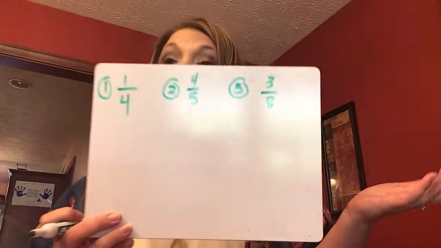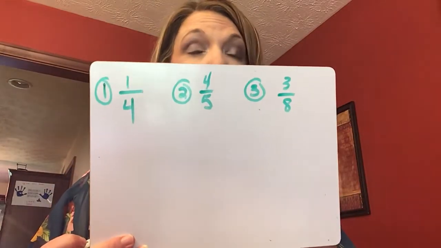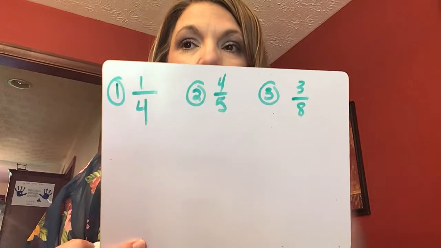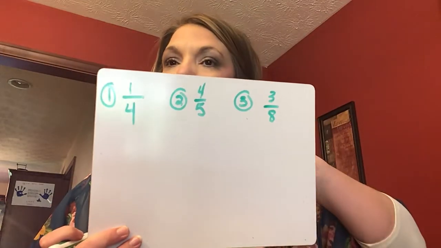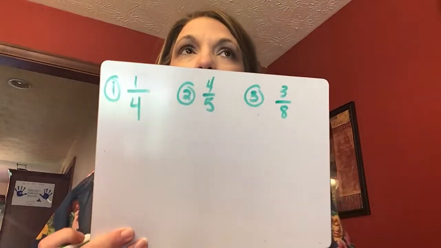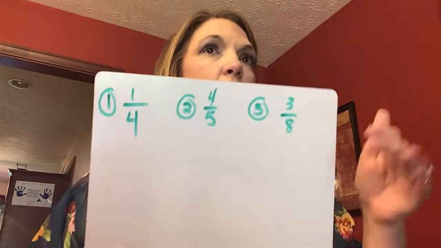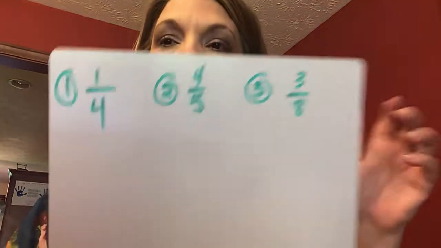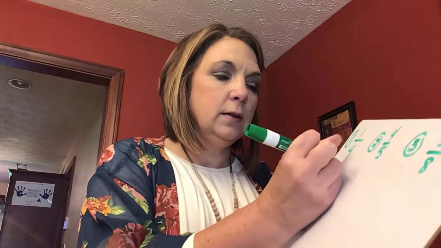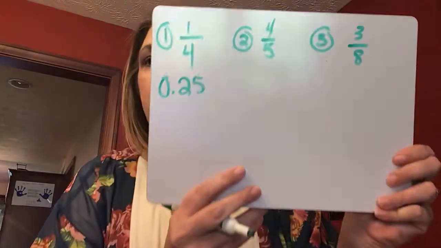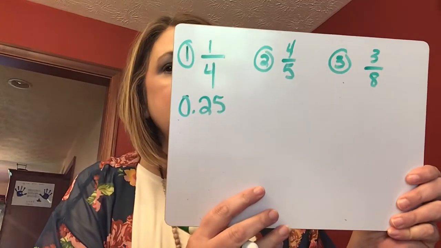Now, the first one, I personally don't even need a calculator for, because 1/4 of a dollar is 0.25. Wow, that one was easy.